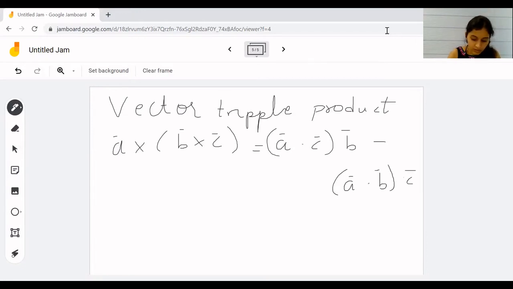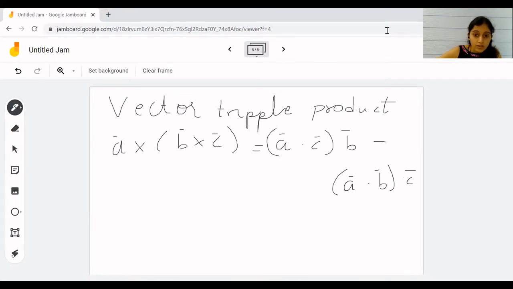The vector triple product is remembered as outer dot remote into adjacent minus outer dot adjacent into remote. Here A bar is the outer vector, B bar is adjacent to it, and C bar is the remote vector.